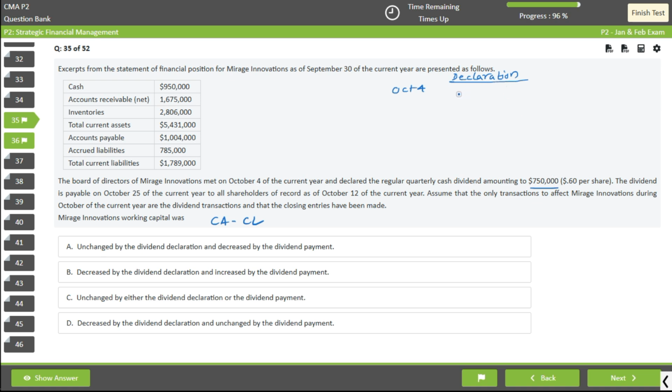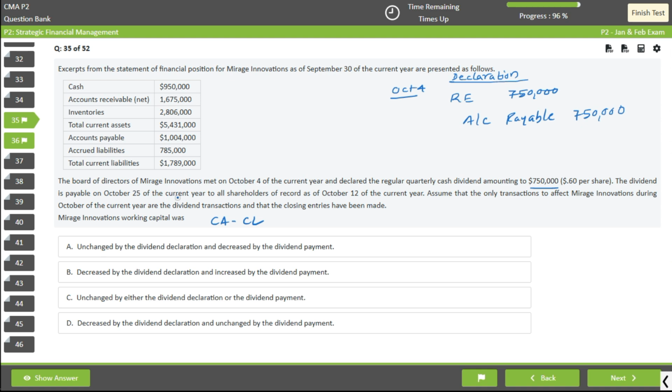What entry do we pass on the date of declaration? We debit retained earnings by 750,000 and credit dividends payable by 750,000. Now this is on October 4. The dividend is payable on October 25 of the current year to all shareholders.